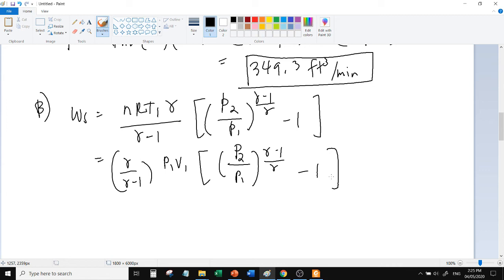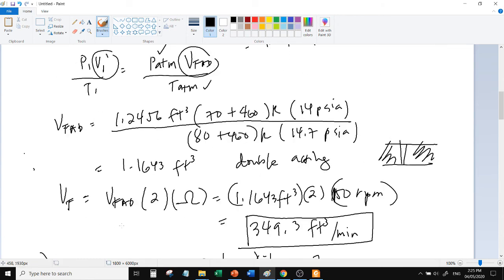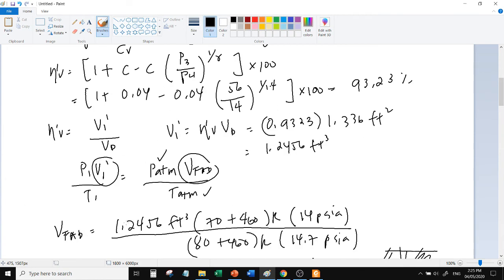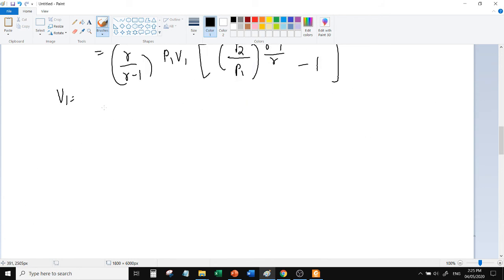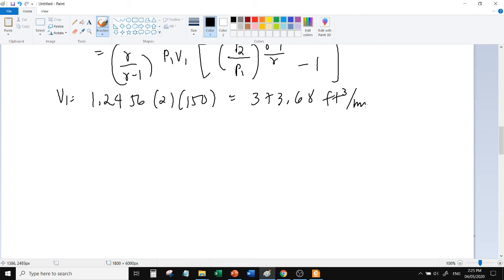Yung V1 na gagamitin, hindi pa pala natin siya na-solve. Yung kaninang V1 prime, yung 1.2456, multiply lang din natin ng 2 kasi double acting at saka yung revolutions per minute. So, ito yung V1 na gagamitin.